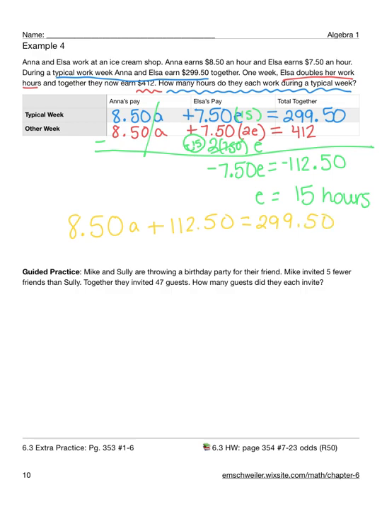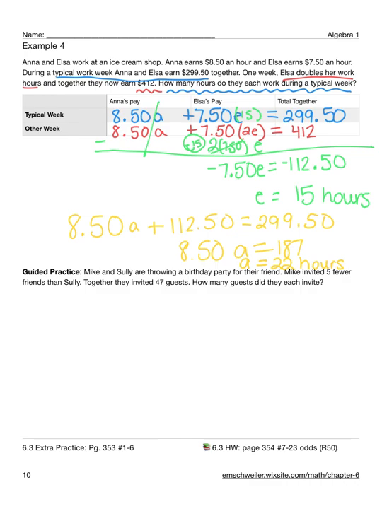Solving for A, that means I have to subtract 112 to the other side to give us 850. A equals 187. Divide by 850 and you get 22. So that's 22 hours that Anna works in a typical week.